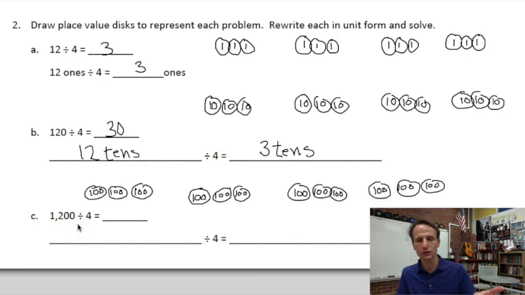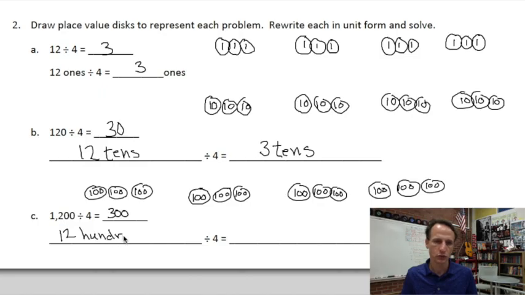So 1,200 divided by 4 equals, this is our solution, 100, 200, 300 in each group of 4, right? 300 is our solution. And what did we actually do here in unit form? Well, we started with 12 hundreds, right?